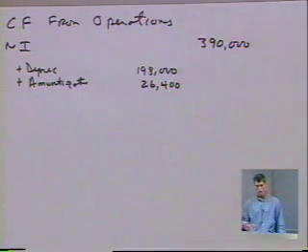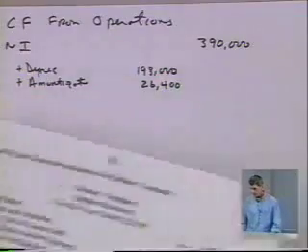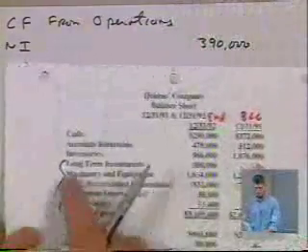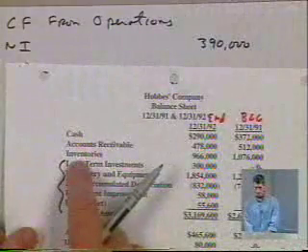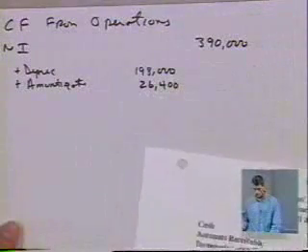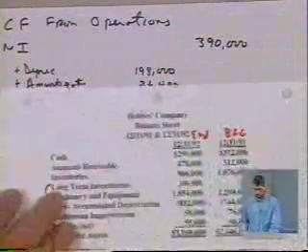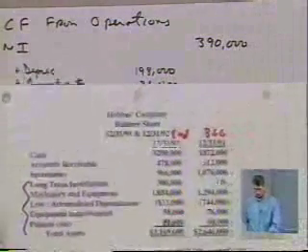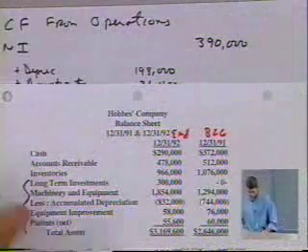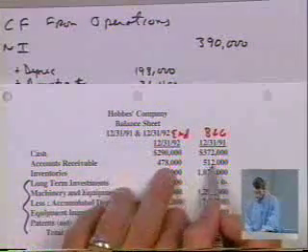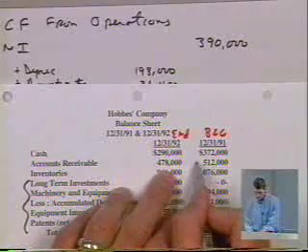expenses that are obvious. Next thing we do is we go to our balance sheet and we analyze short-term assets and short-term liabilities. So in this particular example, we go to accounts receivable, and accounts receivable went from 512, went down.